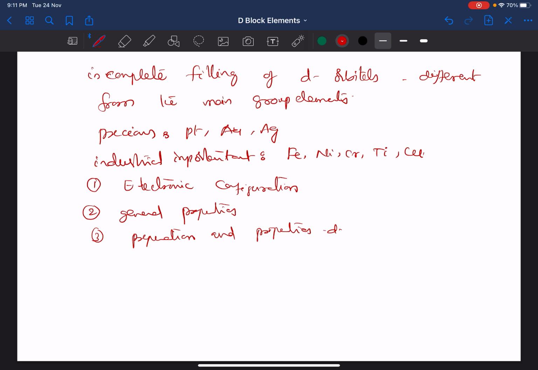These are the main important features in this chapter.